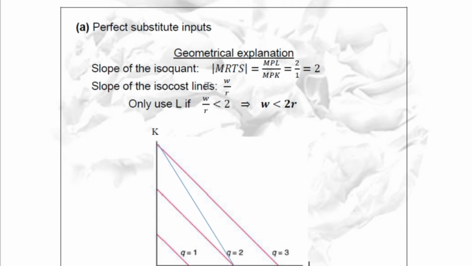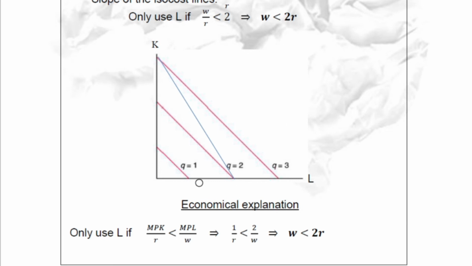Whenever that happens, the optimum will be only using L. So if I take R to the right hand side, W lower than 2R.